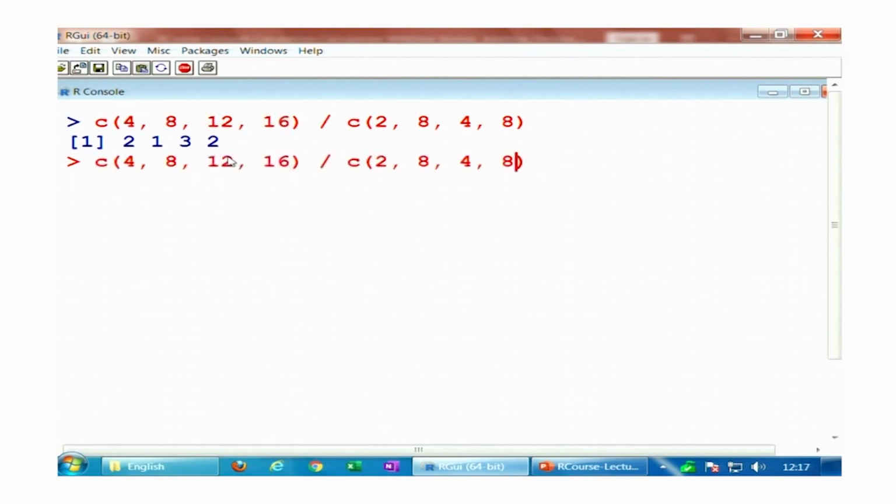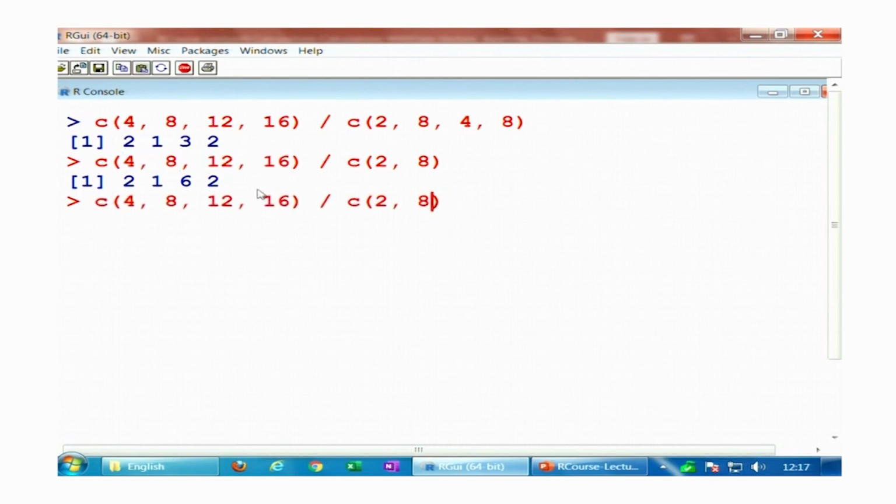Now, in case you try to remove two elements, because your second data vector is of exact multiple length of the first data vector, then the answer will become 2, 1, 6, 2, because this 2 and 8 is going to be operated over 4 and 8 and then over 12 and 16.